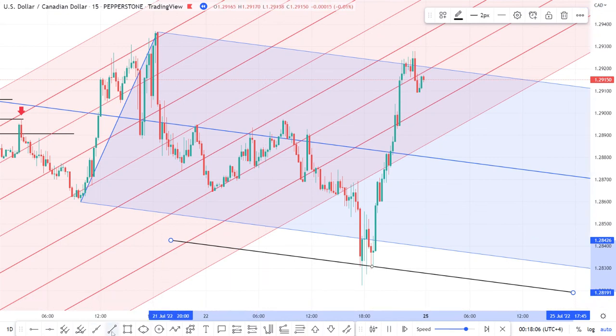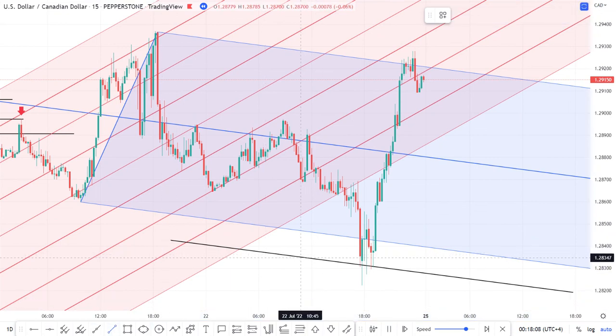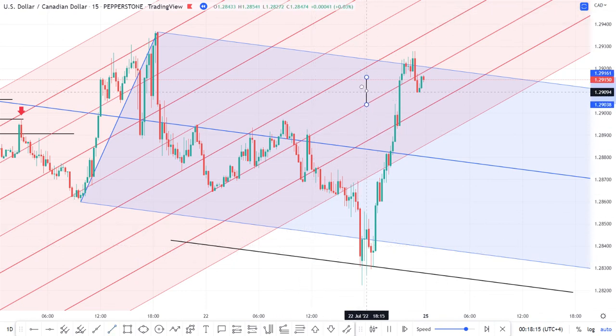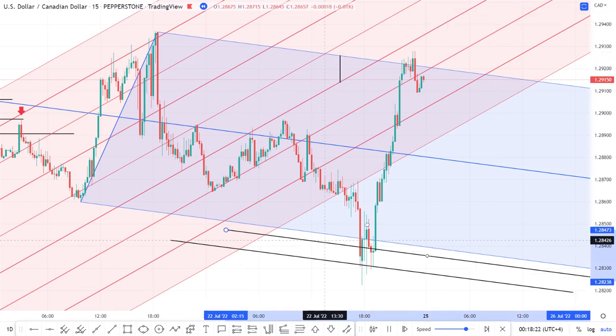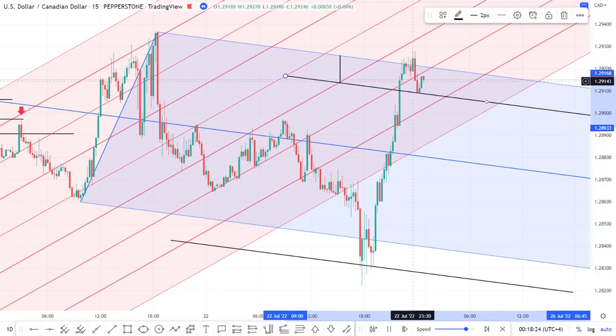And sabi nga, following Newton's third law of motion, for any action, there's an equal and opposite reaction. So, gamit tayo ng equidistant line. There you go.